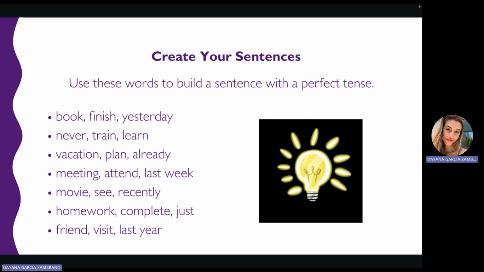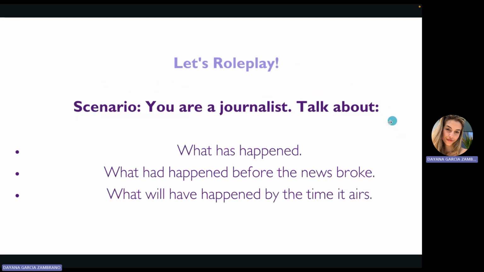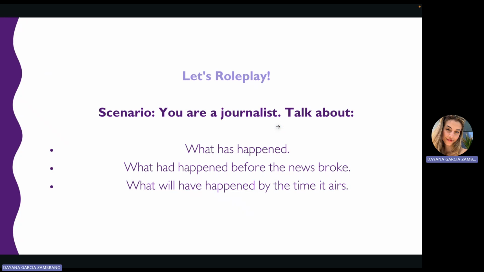A tip that I give them is that if they see words like yesterday, already, or last week, then we are talking about past perfect tense, so you know which tense to use. They can create any kind of sentence they want, only with these words and perfect tense. They write it down on the chat, then we give some feedback and share comments.